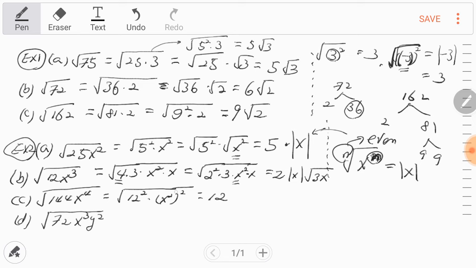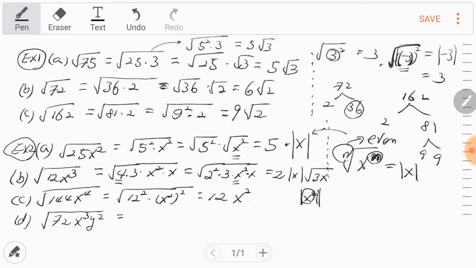And then x squared, we can take this x squared out. But in this case, you don't have to put the absolute value on x squared, because x squared is always positive, so you don't need the absolute value symbol. Just write x squared.